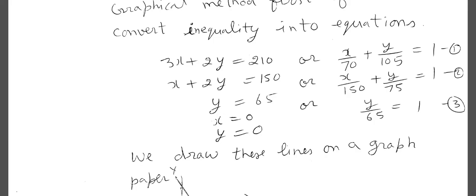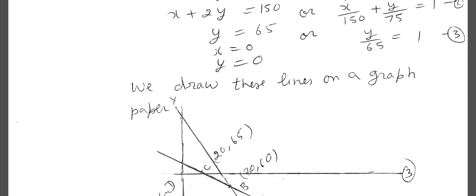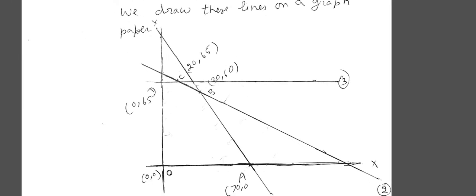We can write these equations in intercept form: first equation x by 70 plus y by 105 equal to 1, x by 150 plus y by 75 equal to 1 number 2, and y by 65 equal to 1 number 3. Now we draw these lines on a graph.